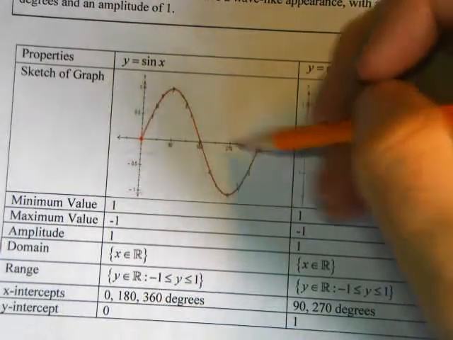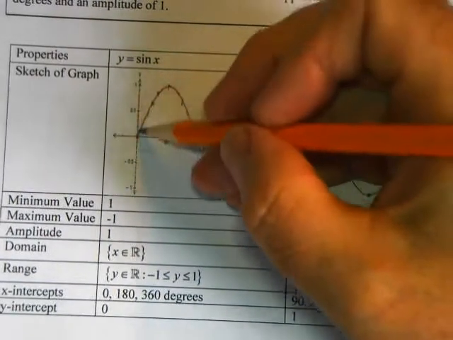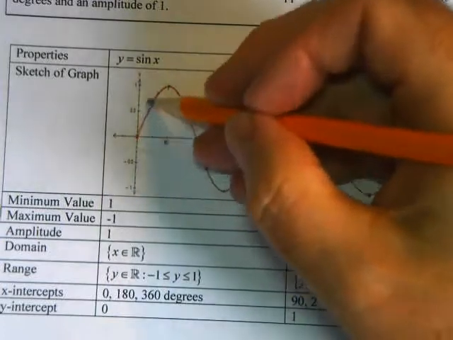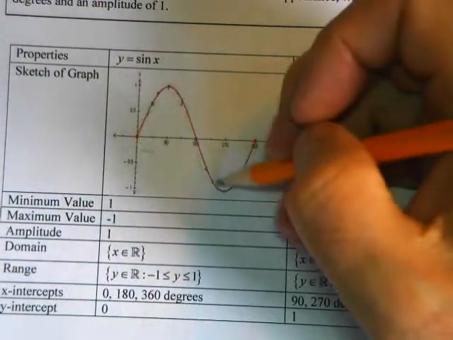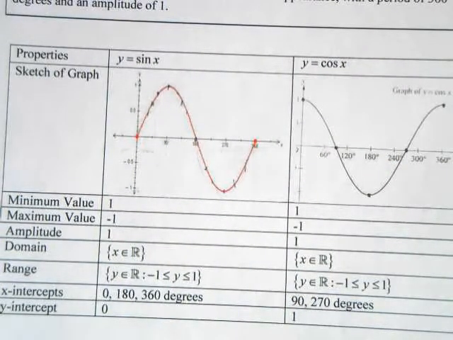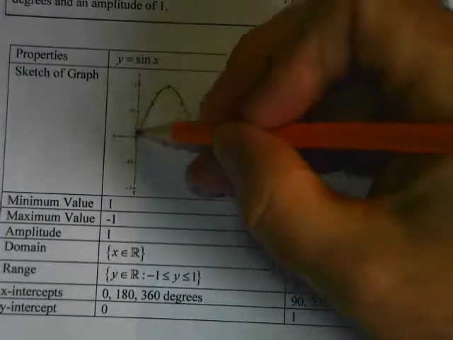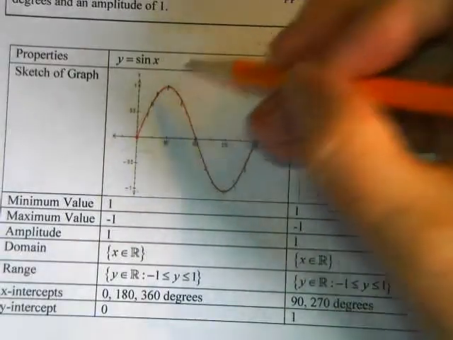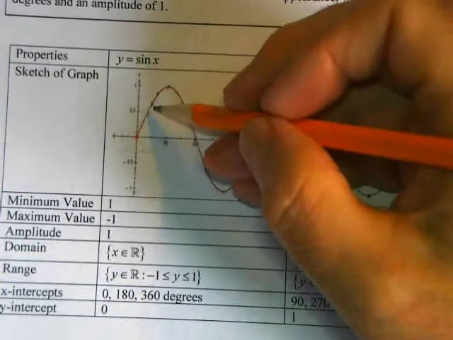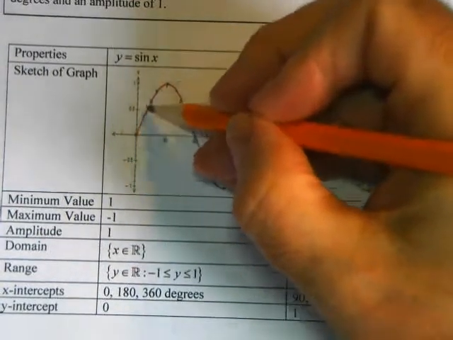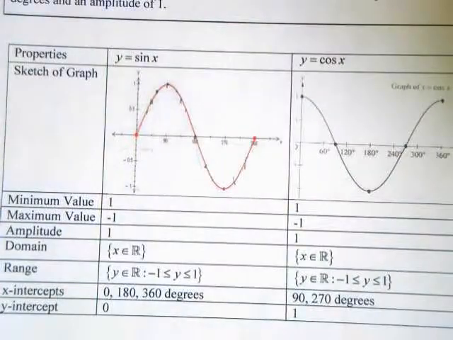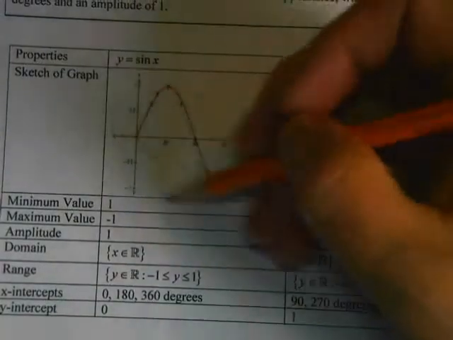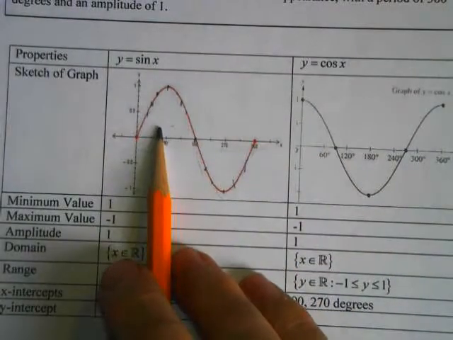It's not pointy or jagged or anything. It's very nicely smooth. So when you're drawing your curves, please try to make sure that it's nicely curved. It's not like a jigsaw puzzle with jagged little edges of straight lines. Okay, so that is the graph of y equals sine x.